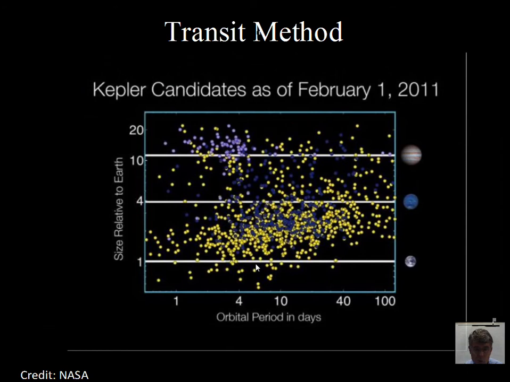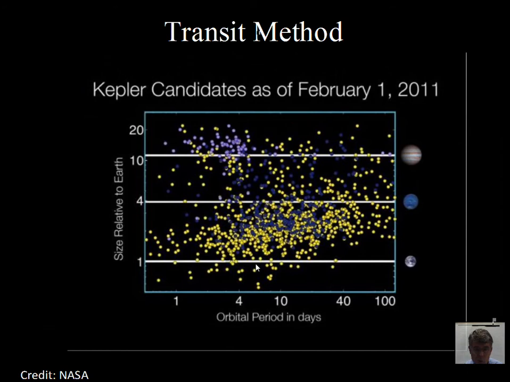Little histogram here, 2012, Earth size 246. That's not a bad number of Earth-sized planets seen around other stars. And now 2013, 351 Earth-sized planets as of January 2013.